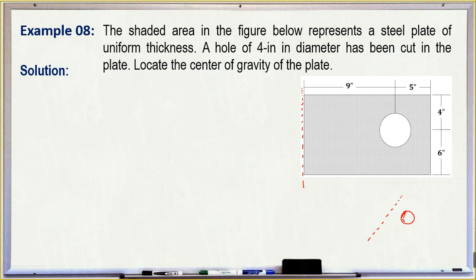Ato i-treat nga mao ni siya ang weight sa ato ang rectangular plate. So naa na siya of course corresponding nga force nga downward ug naa siya distance. Okay? Naa siya distance with respect sa atong axis.